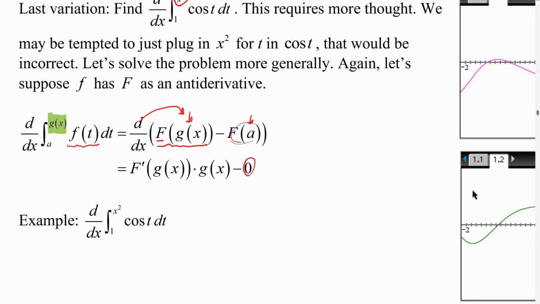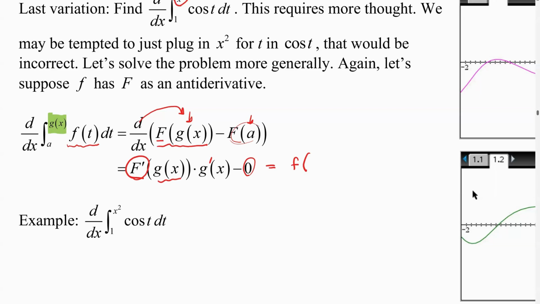We take the derivative of the outside function, big F, we get big F prime, leave the inside the same. And we take the derivative of the inside, so we get g prime there. But what is big F prime? That's just f.